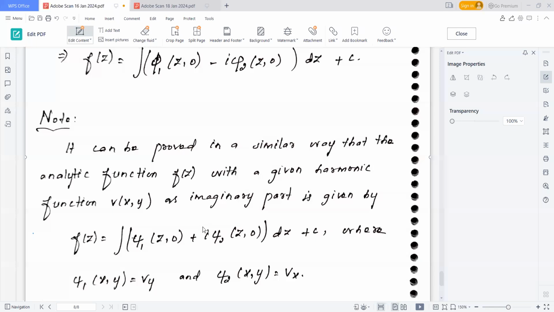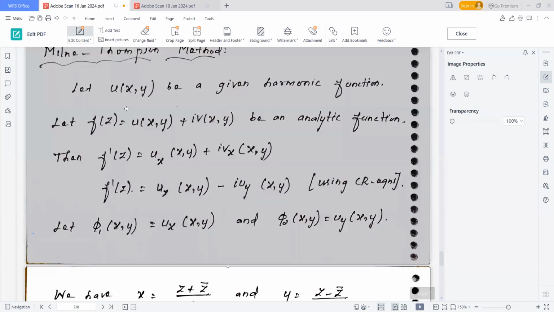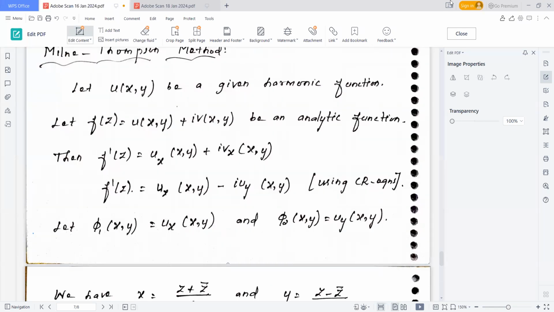Since the real part is given, we have taken the formula for f dash of z as ux plus ivx, and we are replacing vx as uy. Suppose they give the imaginary part, then you have to replace ux as vy.